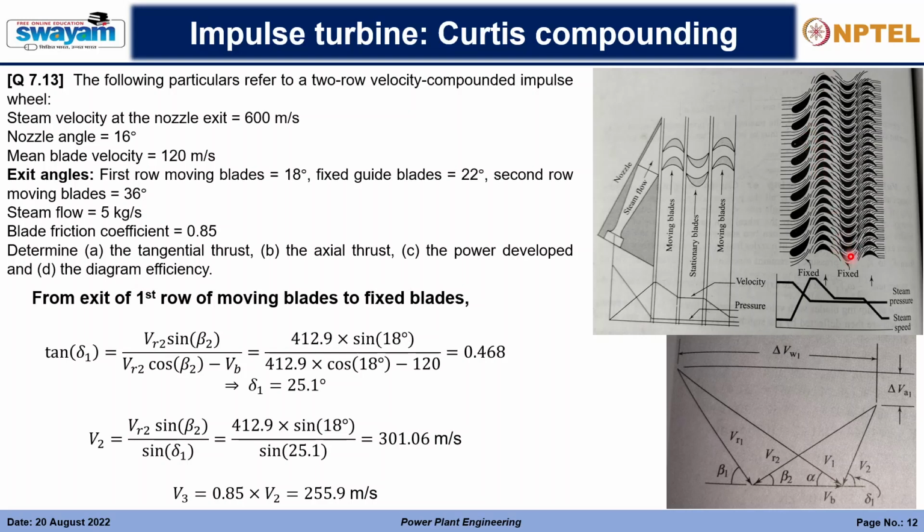But now the relative velocity and the exit velocity are the same, right? So the V2, which is from the exit of this particular blade, is gliding over the fixed blade, and the output of this fixed blade is V3. As it was gliding over a blade, it would have some friction and accordingly its velocity will reduce.